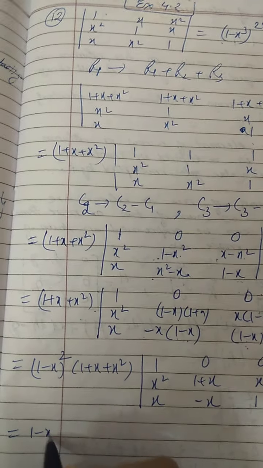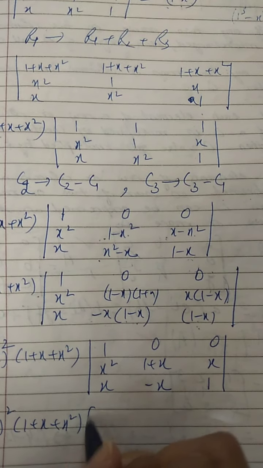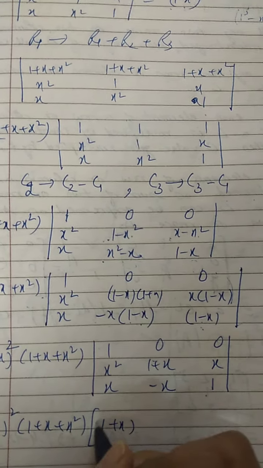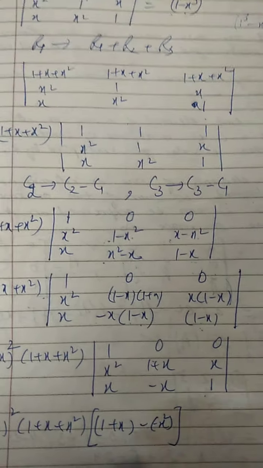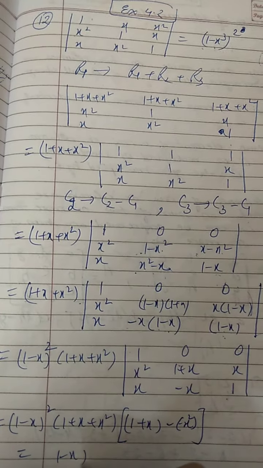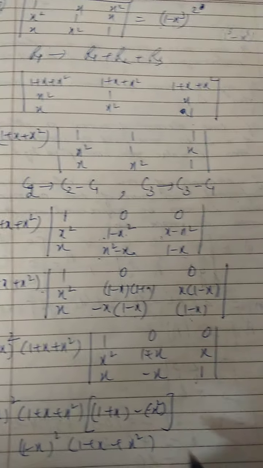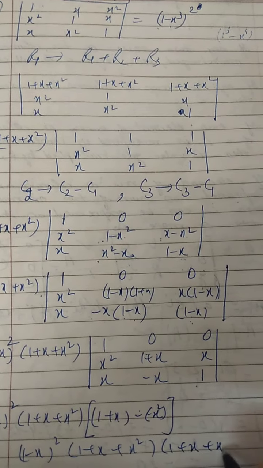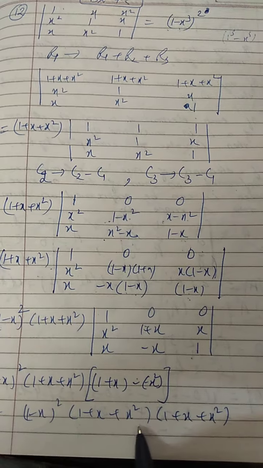So here we are getting 1 minus x square, this is 1 plus x square as such, and when we expand along the first row, we are getting here 1 plus x minus x square, right? So this is 1 minus x square and 1 plus x square, and this is also becoming 1 plus x square.